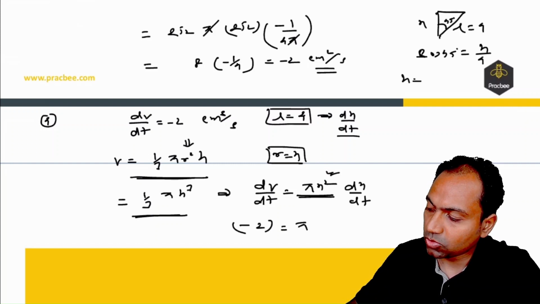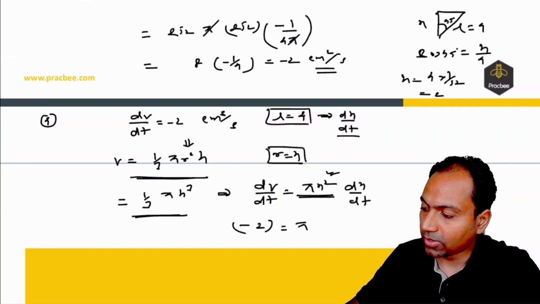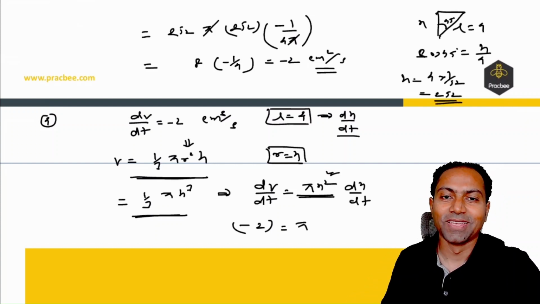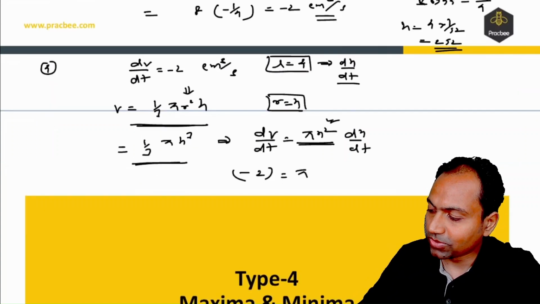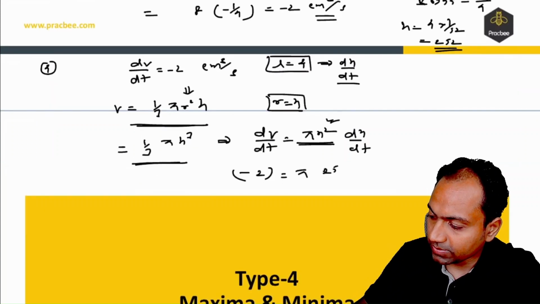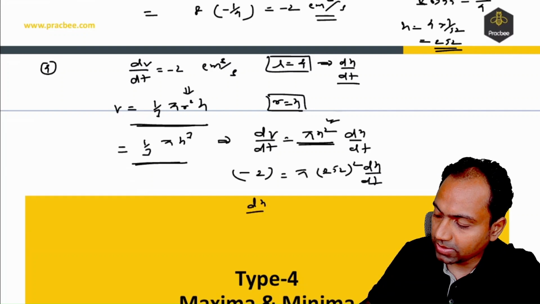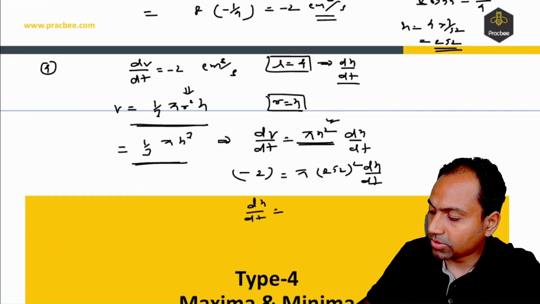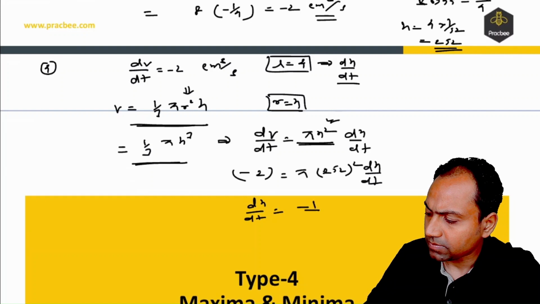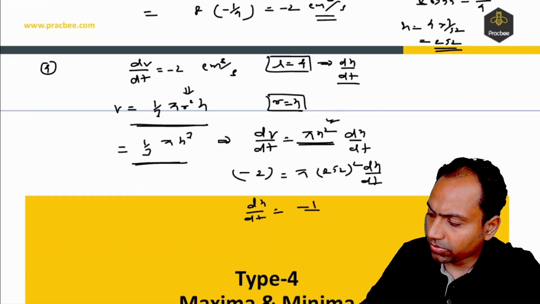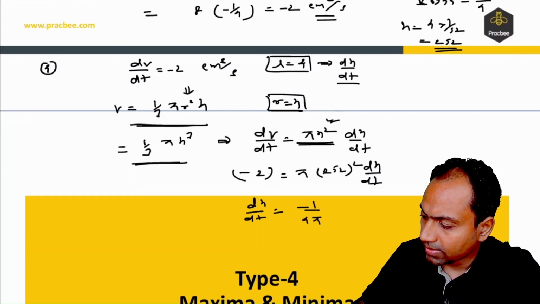So H comes out to be 4 cos 45 degree, that is 4 into 1 by root 2, so the value of H is 2 root 2. Once you have got this value, you can substitute it here. So this becomes pi into 2 root 2 whole square dh by dt. And we can see that the value will come out to be the same as earlier. So dh by dt comes out to be minus 1 by 4 pi centimeter per second.